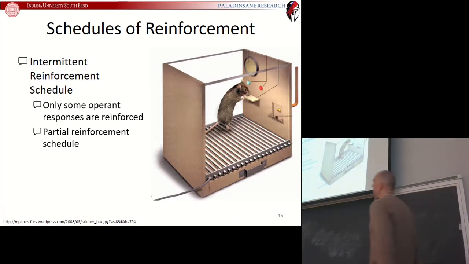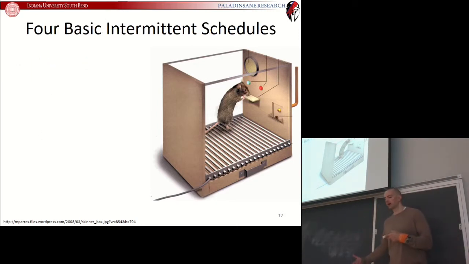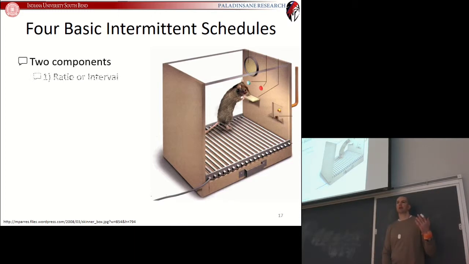So what happens, or what are the possibilities when you only reinforce some of the operant behaviors? Well, the 4 basic schedules of reinforcement, 4 basic intermittent schedules, they're much like the 4 basic contingencies in that they're made up of 2 components. So the first component is whether the schedule is on a ratio or whether it's on an interval.